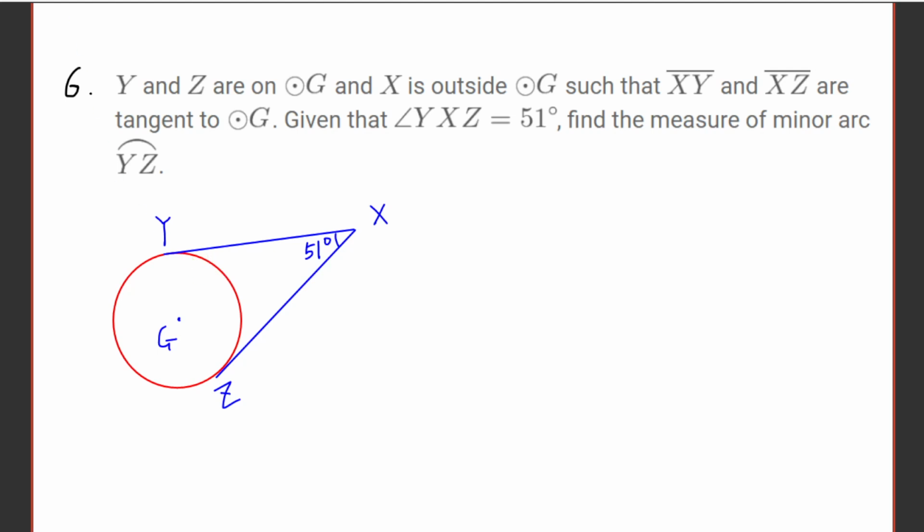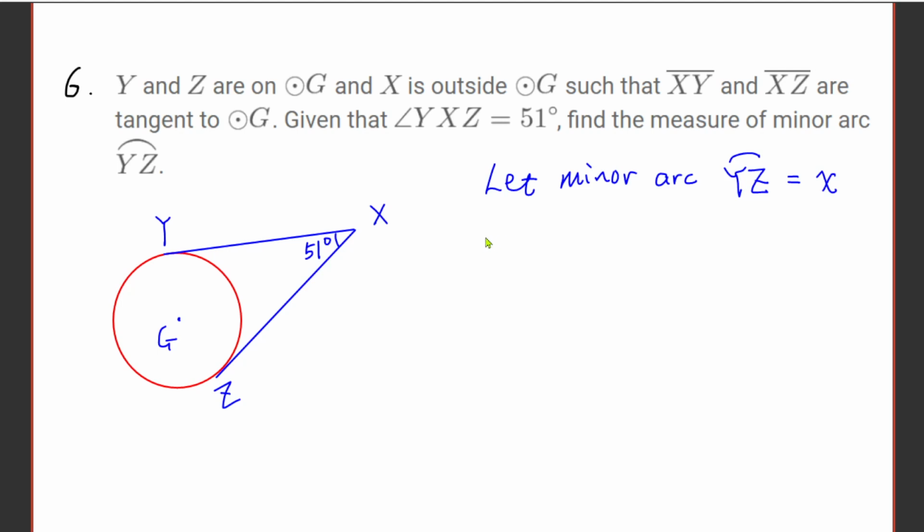So at this part, the measure of this arc, or the other one, we don't know which is longer yet, right? So we could let the minor arc YZ equal x, so we need to find the value of x, right?